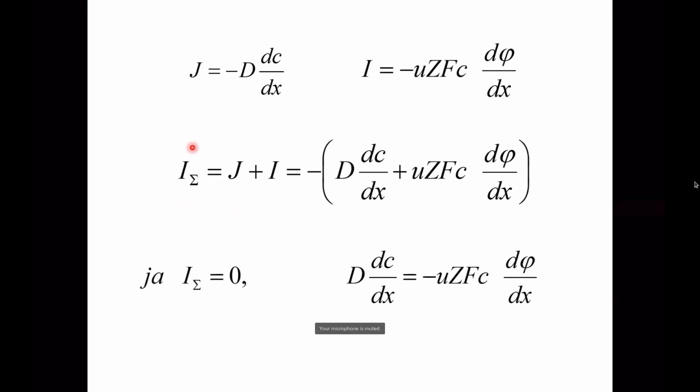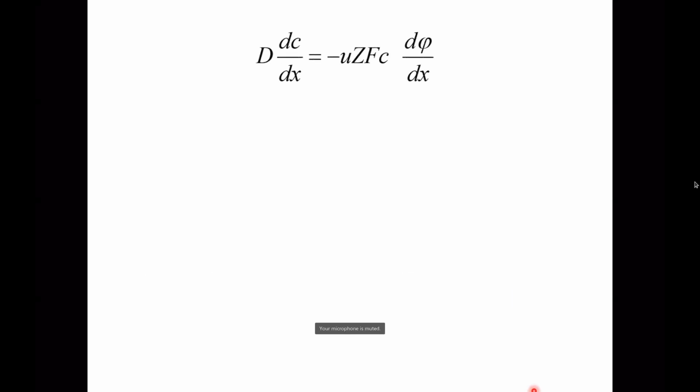If the total current is equal to 0, we have such a result. You see, we already have that the diffusion coefficient is connected with the electrical field. But let's go ahead.